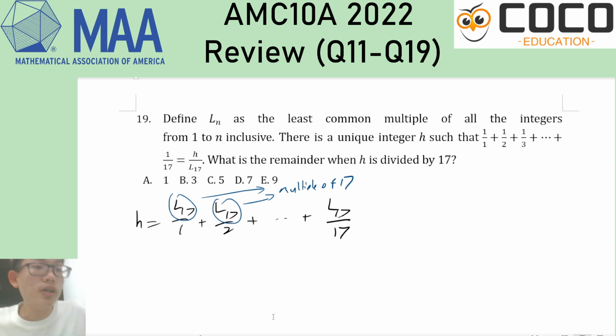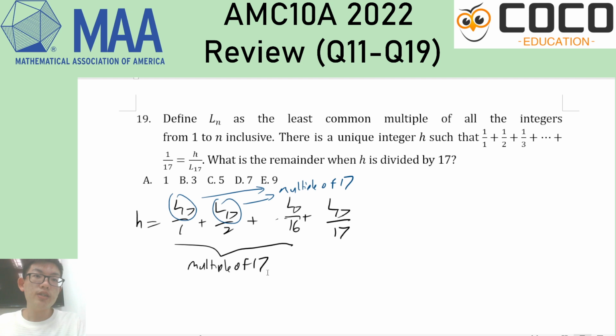Now, since it's a multiple of 17, if I divide it by anything other than 17, all the way up to L17 over 16, all of these will still be a multiple of 17. So because they are all multiples of 17, I sort of can say that is irrelevant. I only need to know what is this quantity modulo 17. So what is this quantity modulo 17?